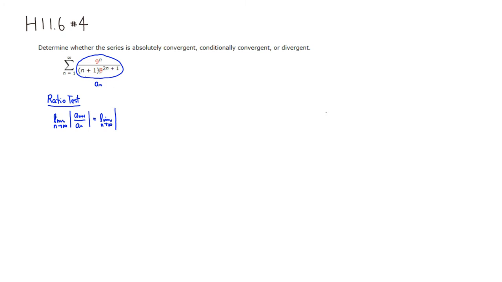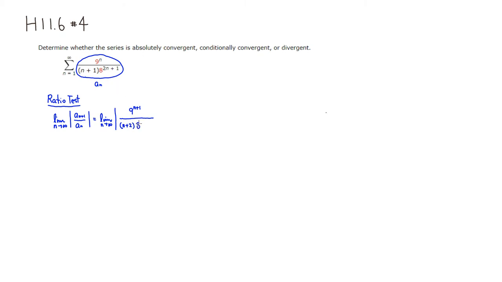First we're going to put the a_(n+1). Every time we see n, we put n plus 1. So you have a 9 to the n plus 1 over, and n plus 1 is going to be n plus 2.